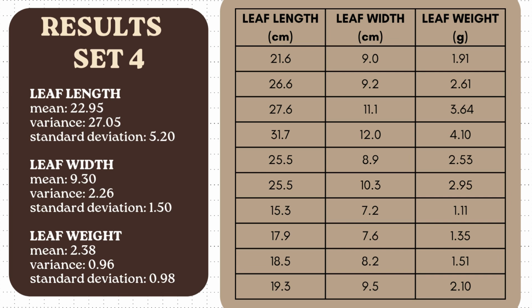Last is leaf weight. Leaf weight has the lowest mean of 2.38 with a variance of 0.96 and standard deviation of 0.98, indicating the least variance among the three traits.